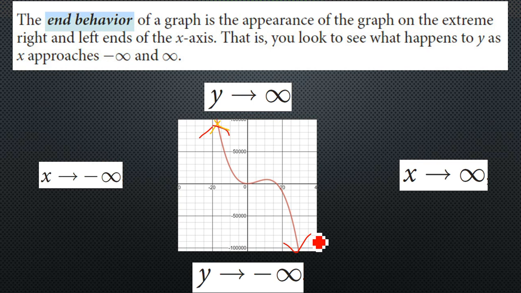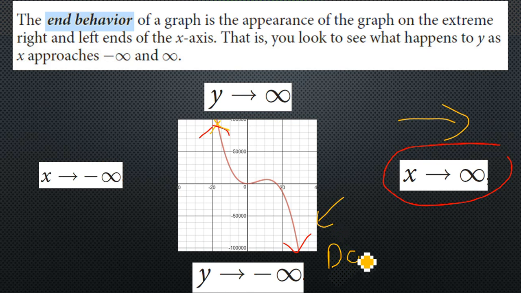So it'll say, as x approaches infinity, then we need to answer the question what y does. Well, if we look all the way to the right here, what's happening to the end behavior of the graph? Well, we can see that it's going down on the right side. So we answer this question by saying y approaches negative infinity, like that.